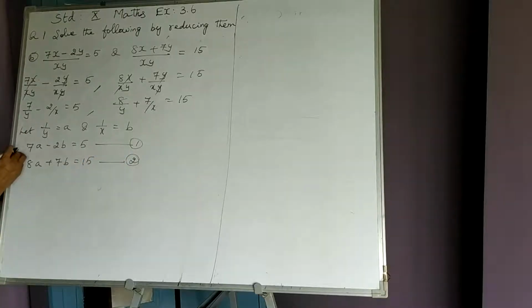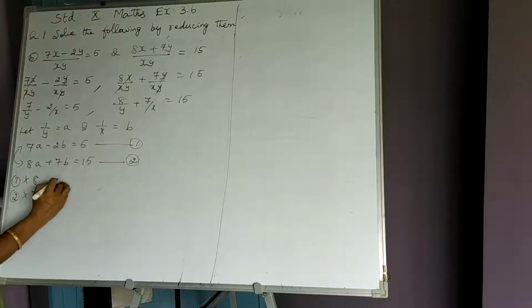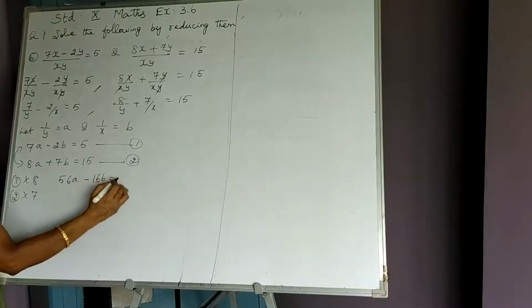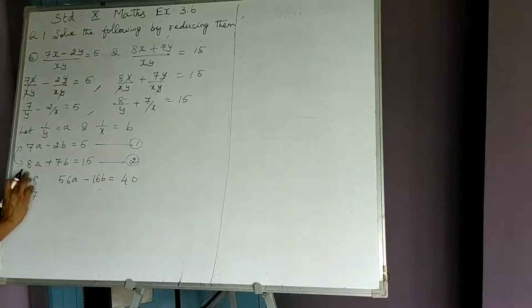So to make the coefficients equal, I interchange the coefficients 8 and 7 and we multiply. So first equation we are going to multiply by 8 and second equation we are going to multiply by 7. So first equation we multiply by the number 8. It is 56a minus 16b is equal to 40. Second equation we are going to multiply by 7.